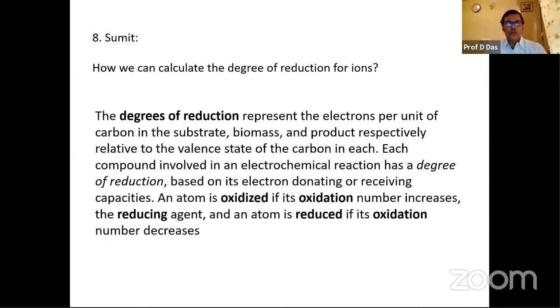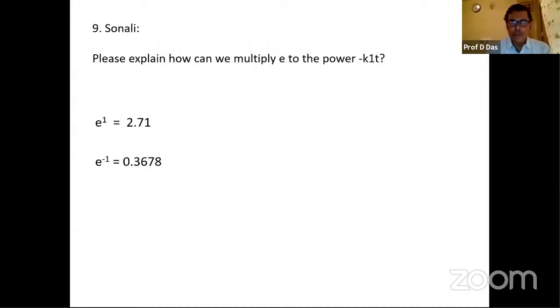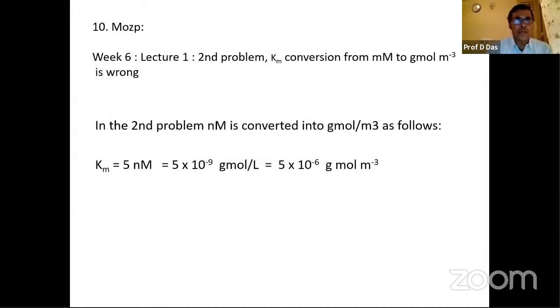As for example, carbon has a degree of reduction of 4 because it can take or share 4 electrons. But oxygen can always take 2 electrons. Hydrogen can donate 1 electron. Nitrogen can donate 3 electrons. Like this, we have that.